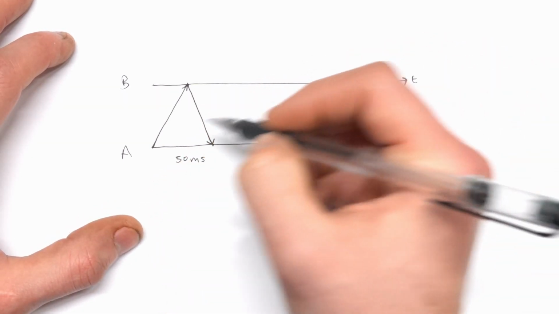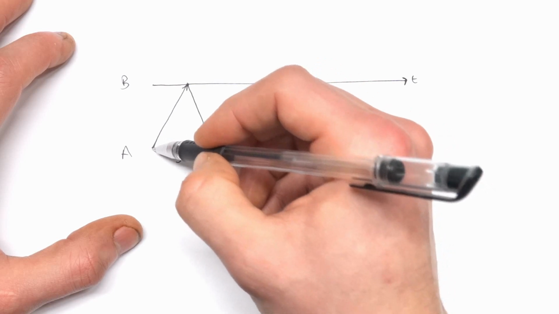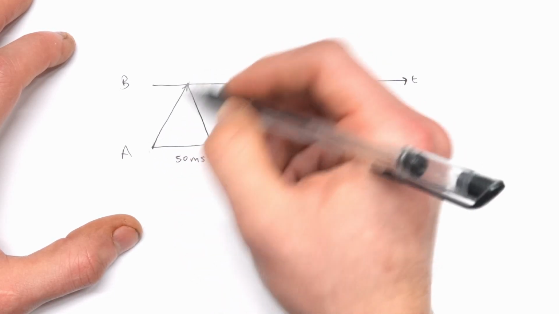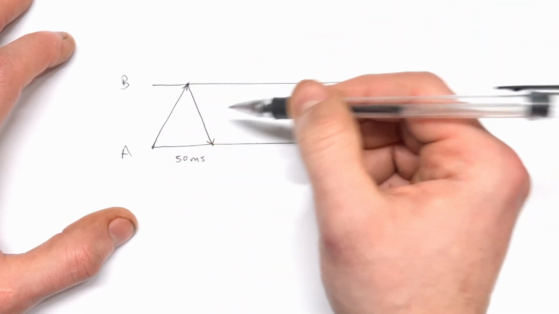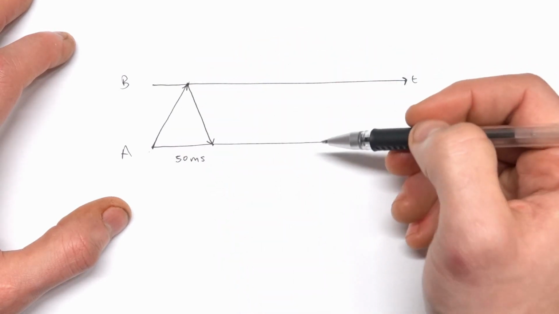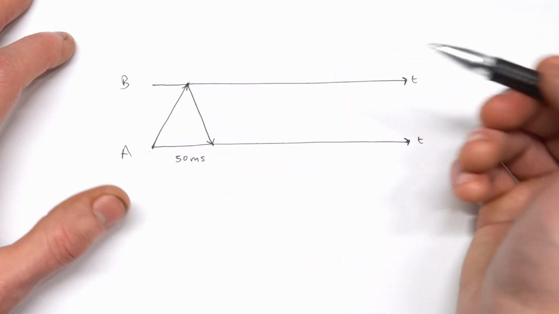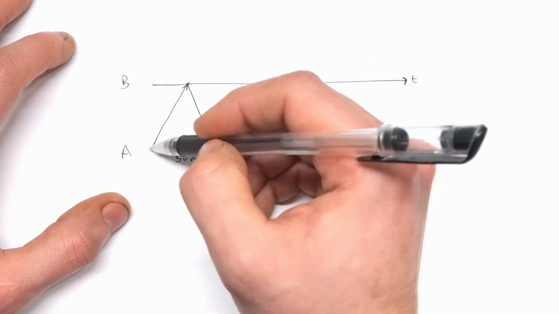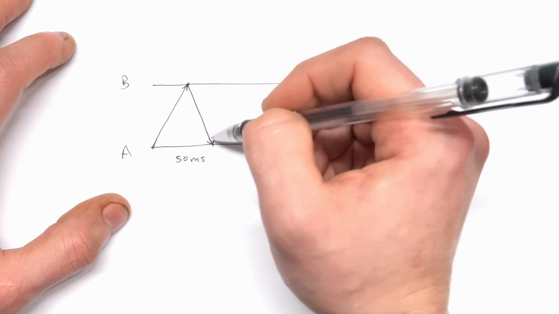And from there we can infer that the time it takes to go halfway, or one journey, is 25 milliseconds. That is assuming that the route is symmetrical, which it might not be, but if it isn't, we have no way of knowing, and in practice it's generally a safe bet to assume it's mostly symmetrical.